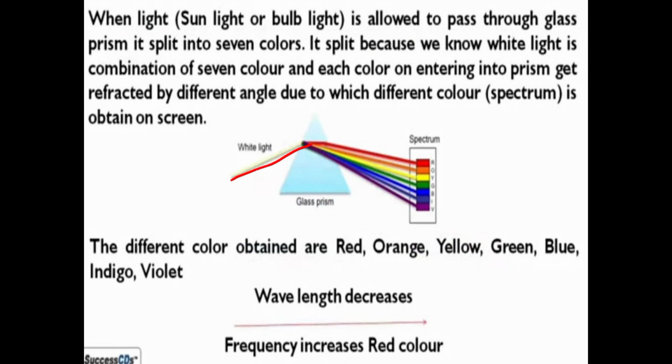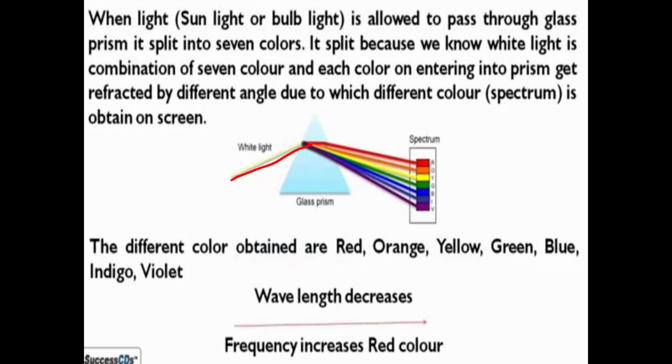Why does this happen? Because we know that white light is a combination of 7 colors. When we combine 7 colors, it becomes white light.